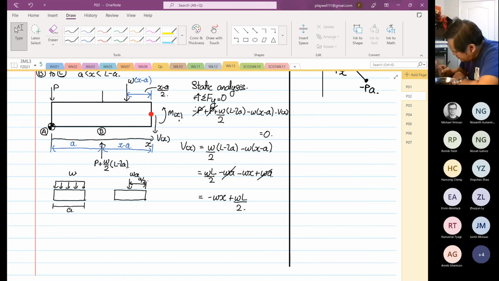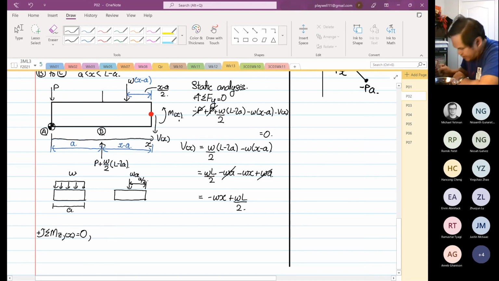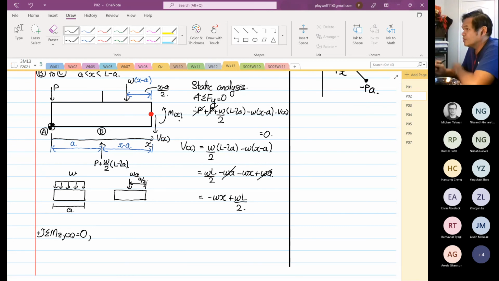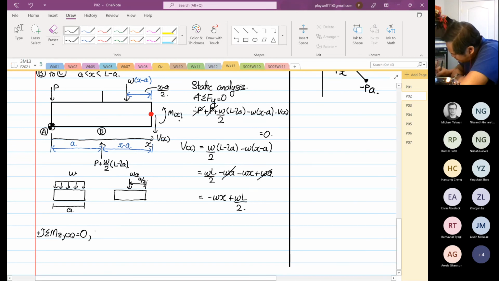So it will be equal to summation of moment about the z-axis, anywhere at point x. Again, I'm going to repeat myself. We are taking moment at the red dot. So the first one is going to be Px, P multiplied by x, and it's going in an anti-clockwise direction, so it's positive.